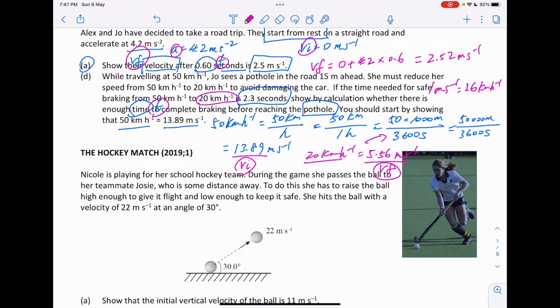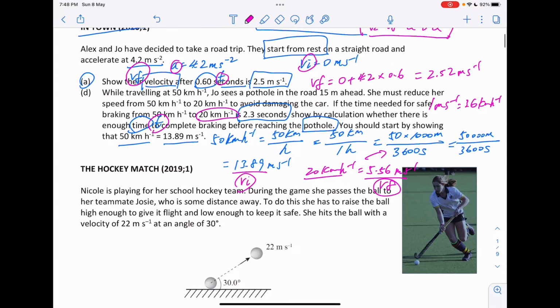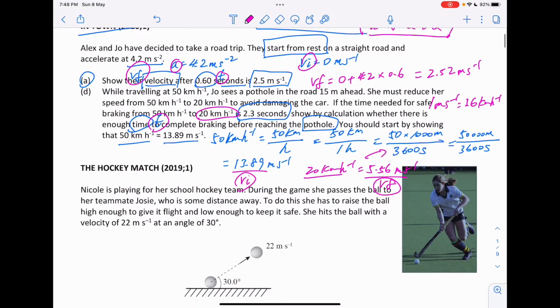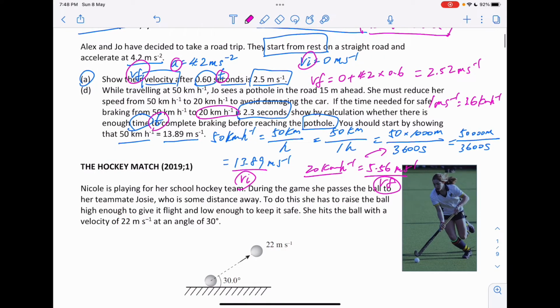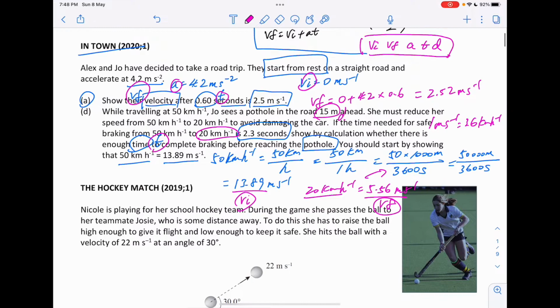So VI, VF, and we have a D. Alright, we have a D.